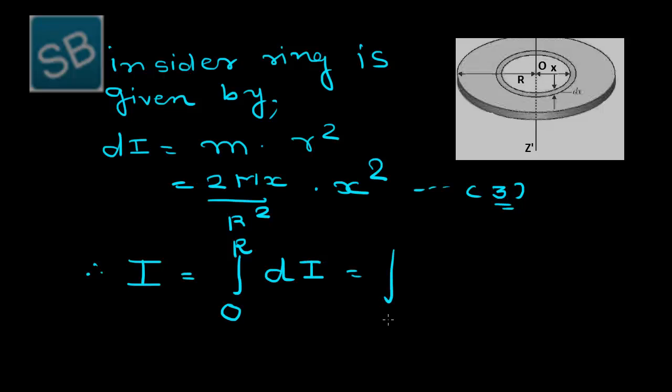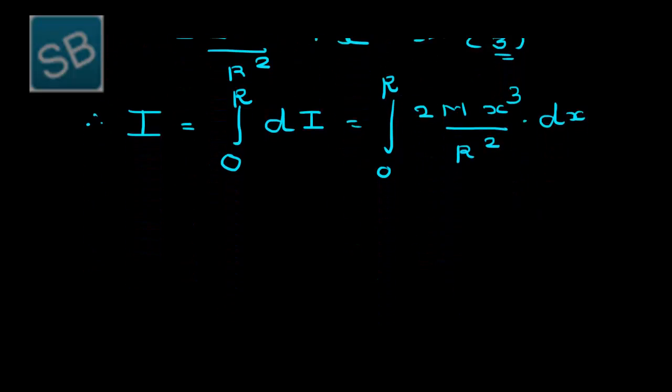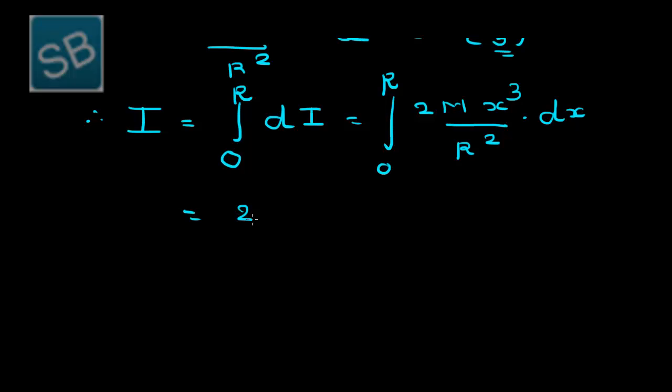Let's substitute the value of di, which is twice M x cube, because x into x square is x cube, over r square into dx. That is equal to twice M over r square, which is constant with respect to small x, and hence I can take it outside the integration.